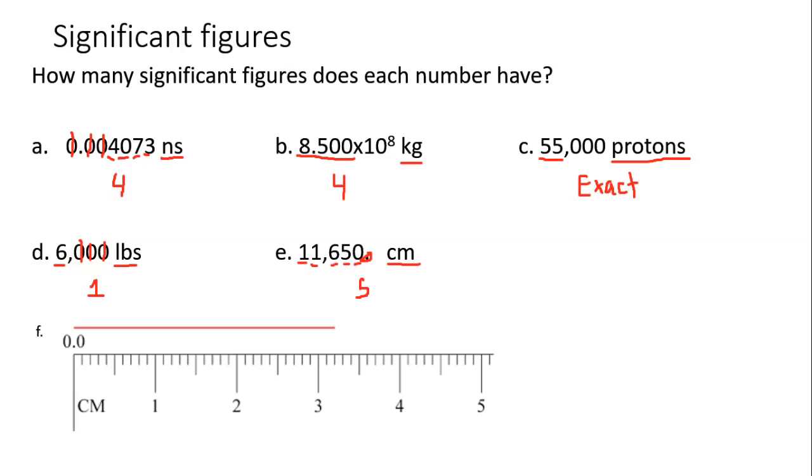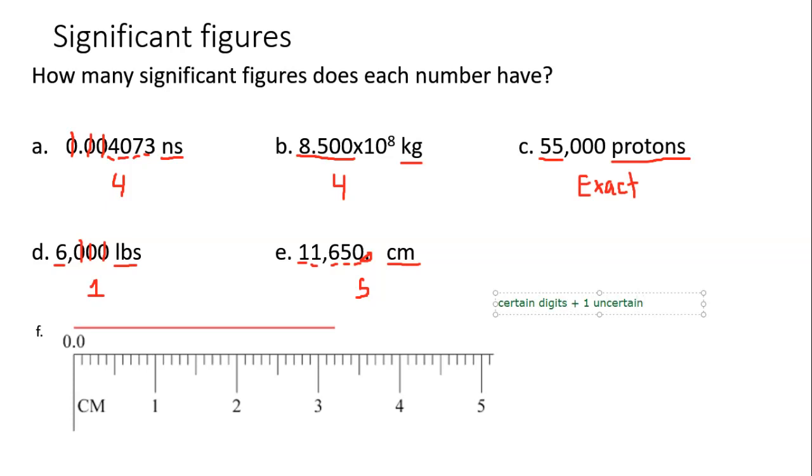Now F is a little bit different. F is when we're measuring something. So here we're measuring this line, and we want to know how many significant figures are in the measurement of this line. For measurements, significant figures include the certain digits plus one uncertain digit.